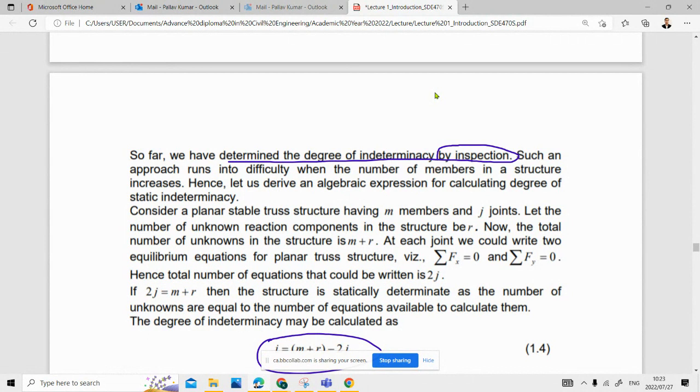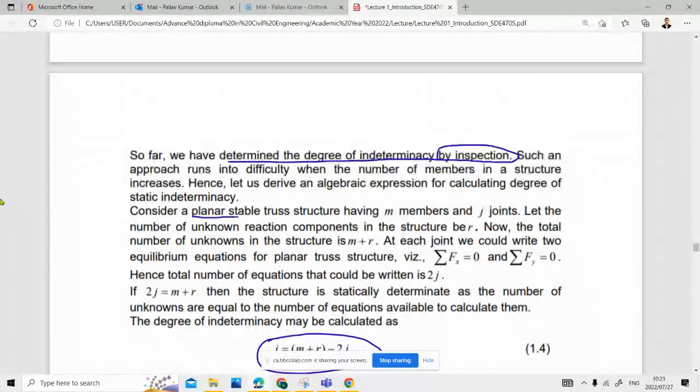But when seeing some complex trusses, you see okay, this is a little bit complex. I think they need to do some special analysis methods, and then you try to see what method they have used, and what is the degree of indeterminacy in that structure. So now let's see how they have calculated.